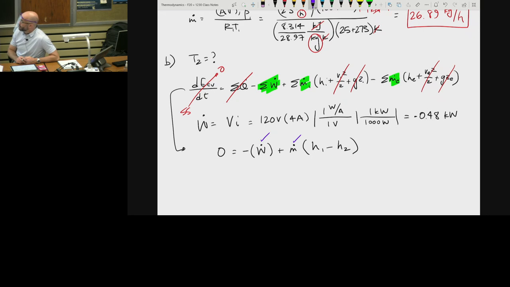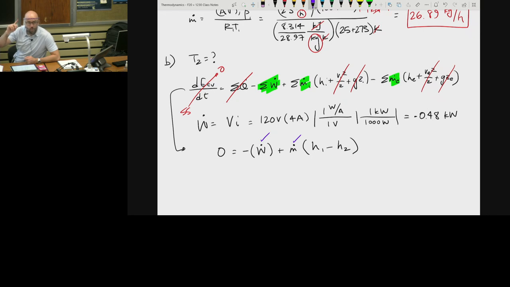Now, if the problem statement asked me to do variable specific heats, I would have to go look up my enthalpies. And I encourage you to do it the variable specific way. You only look up enthalpy 1 because you know the temperature at state 1. You would solve for the enthalpy at state 2, then go to your table, find the enthalpy, and read off what temperature that corresponds to.